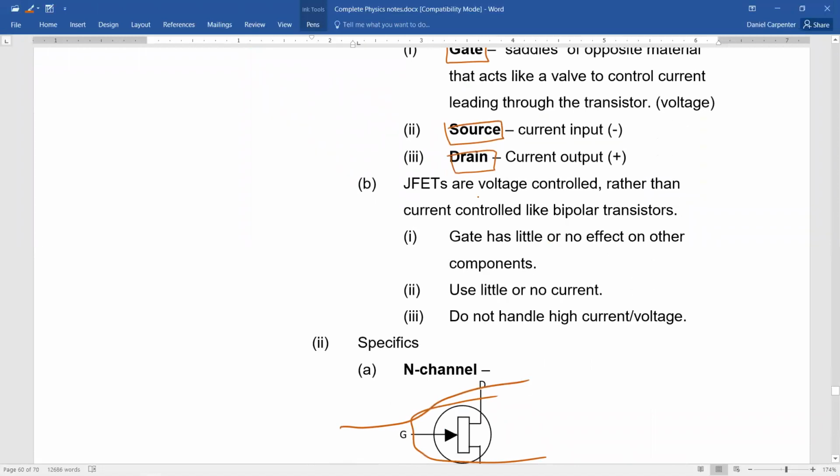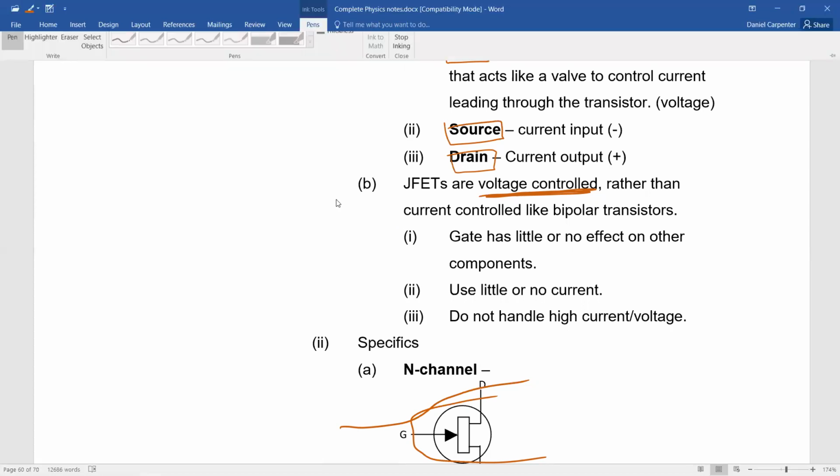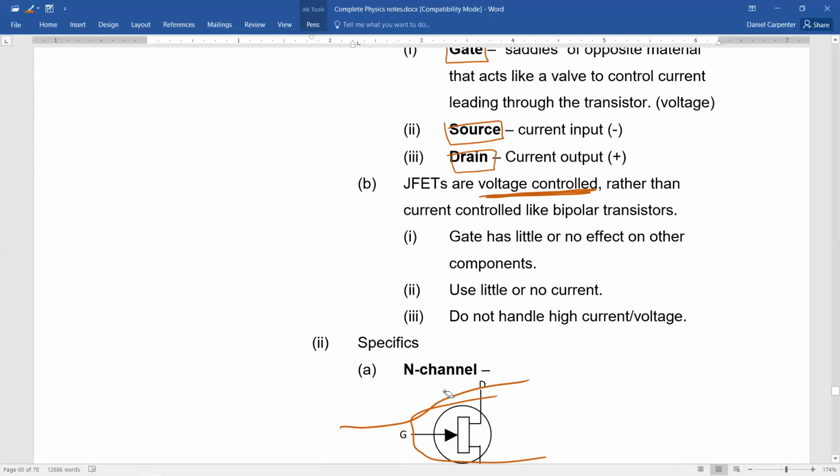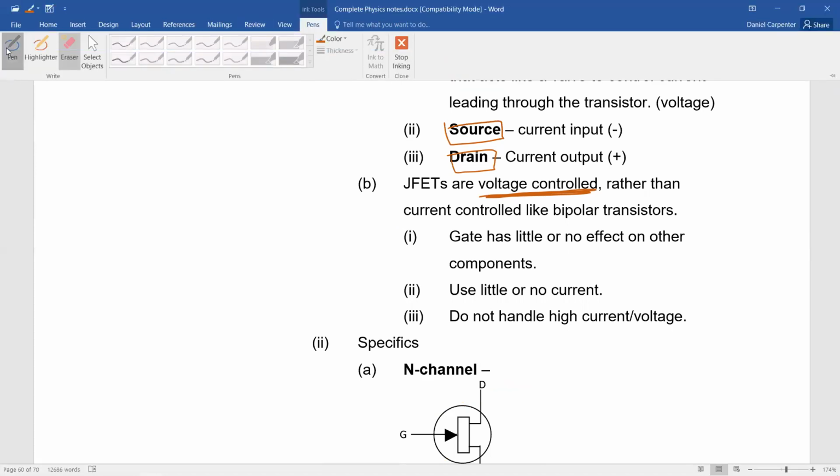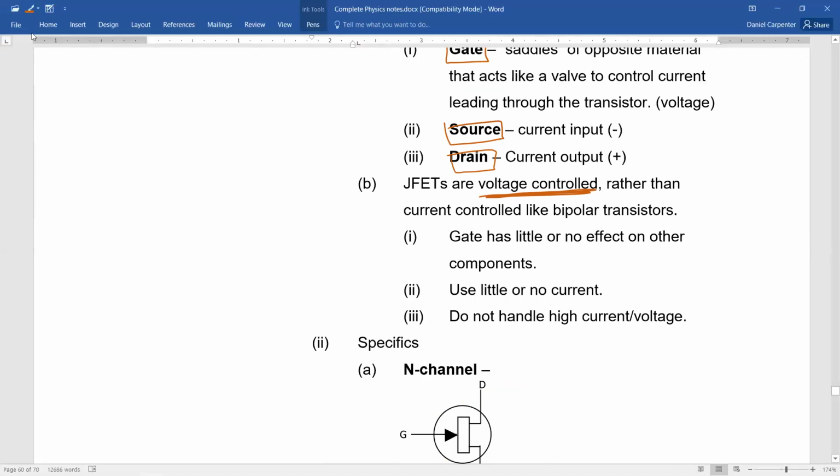These are voltage controlled rather than current controlled. What's the advantage of that? The advantage is we don't have to waste any energy going through the small current. All we have to do is have a voltage present, and the transistor can do its job.